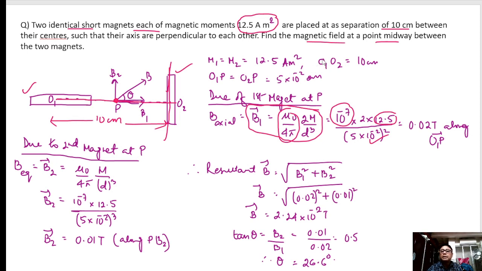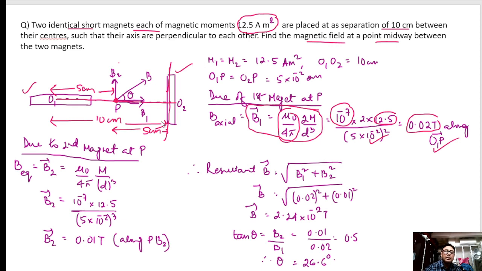Midway between the two magnets, separated. Okay, 1 minute. Here I have to find, so this distance is 5 centimeter. This is 5 and this is also 5. So here we can find out, this is the magnetic field along O1P, because it acts always from the north pole.